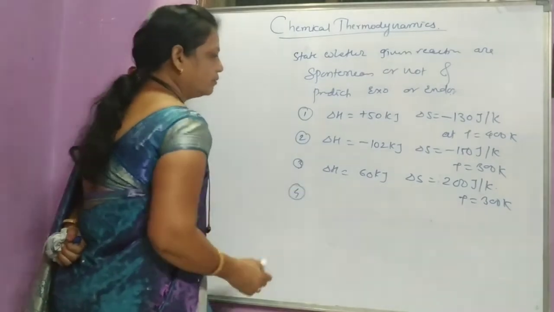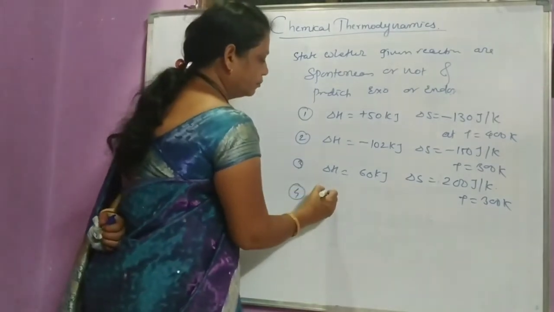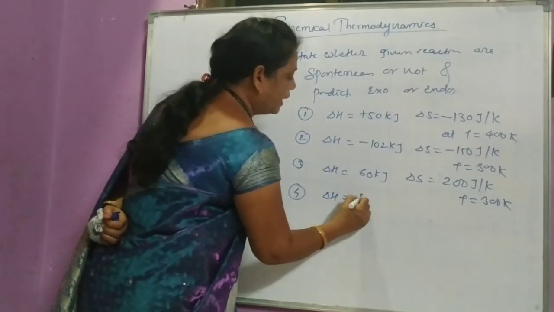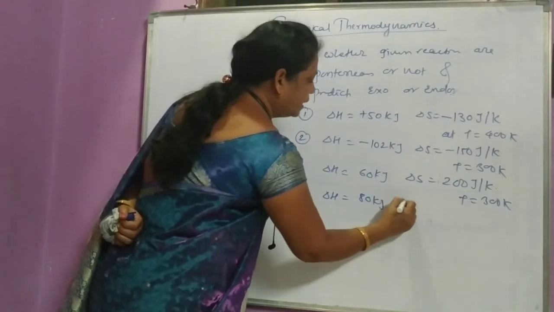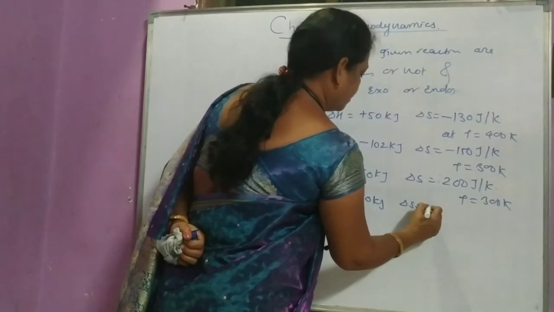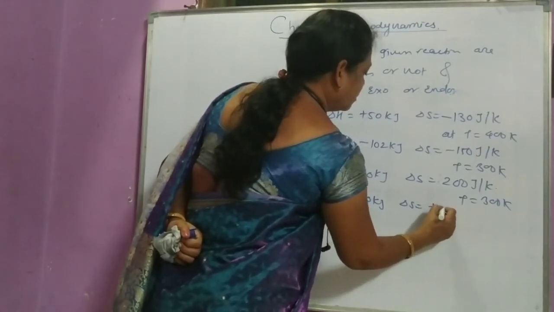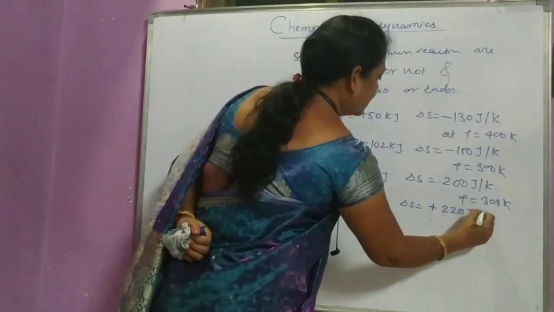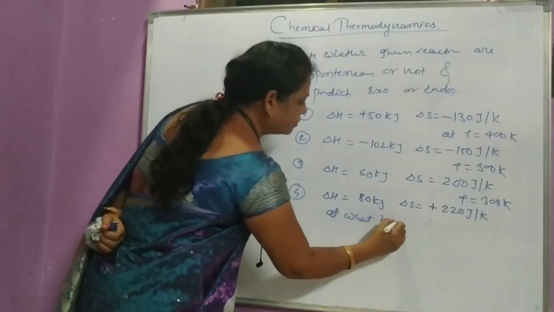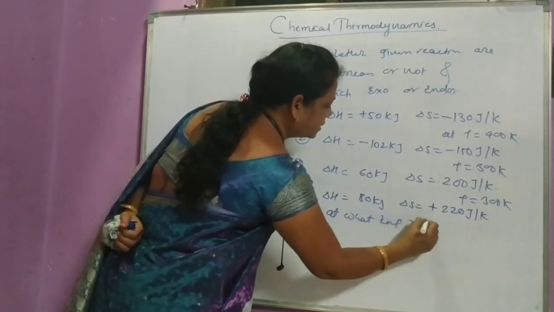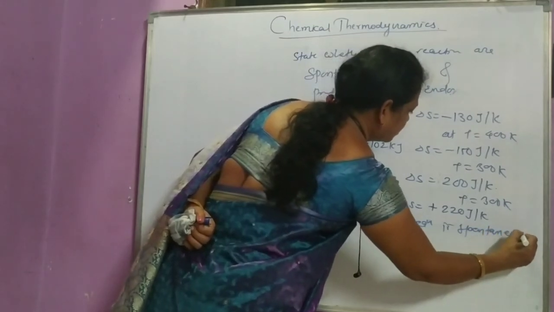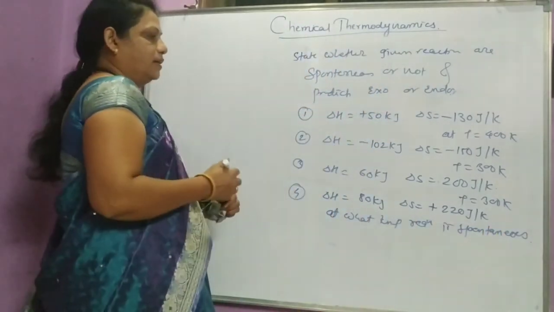Fourth, del H is equal to 80 kilojoule and del S is equal to plus 220 joule per Kelvin. At what temperature is the reaction spontaneous?